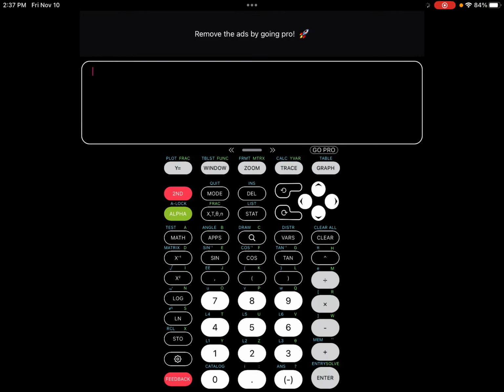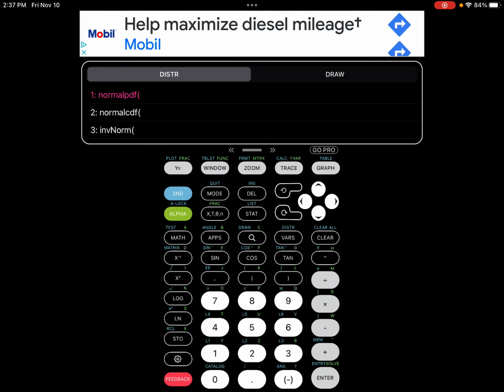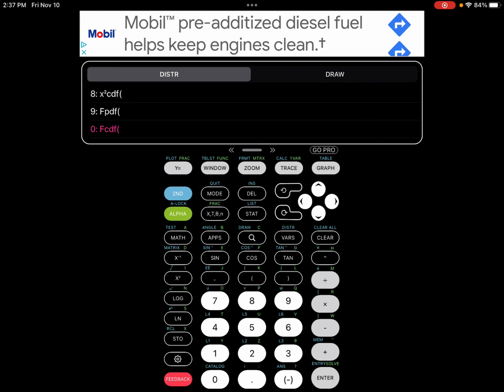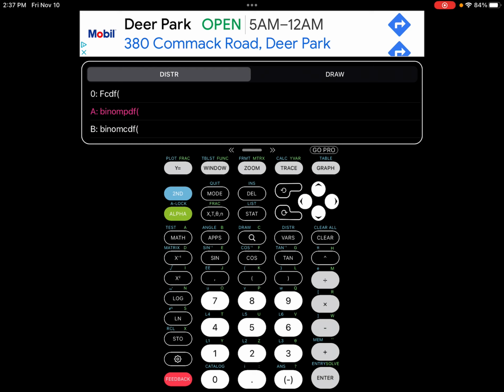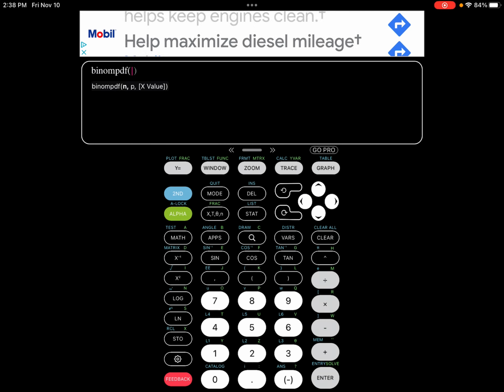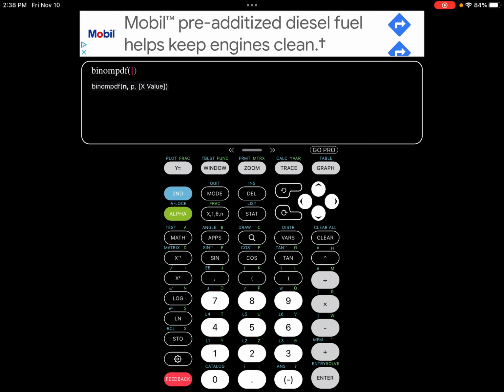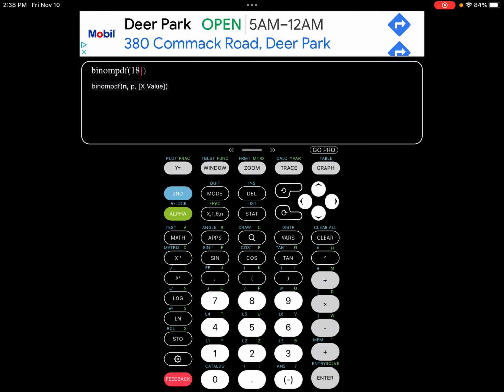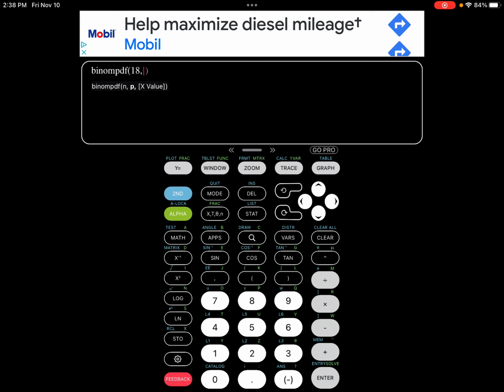So we'll hit second and then vars. We'll move all the way down to menu item A, binom PDF, and we'll put in these values. N is going to be equal to 18, comma. P is going to be equal to 0.72, comma.